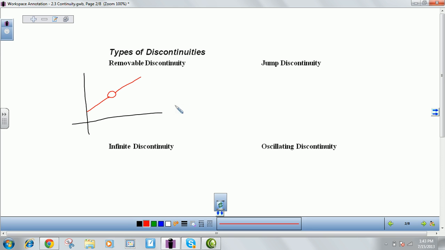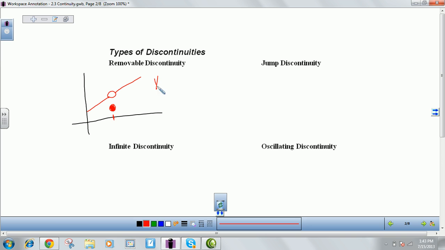This is a simple removable discontinuity. Sometimes a removable discontinuity can have a hole where that hole is plucked out and put somewhere else up or down at that x value. This is still a removable discontinuity.